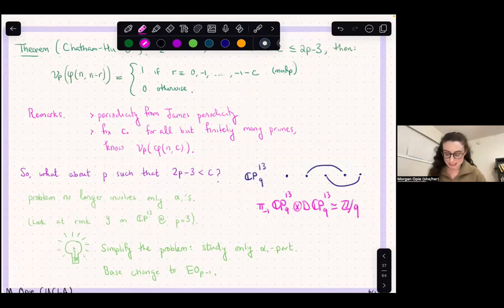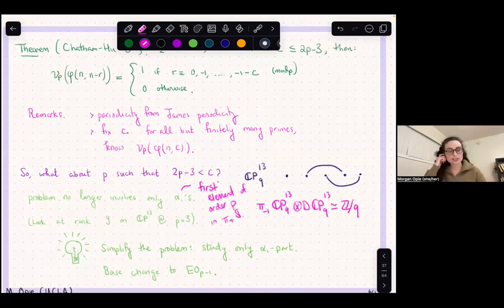And this kind of indicates the complexity that's going to start to arise as the co-rank gets large relative to the prime. The essential point here is just that the problem doesn't only involve alpha 1s, where I should say, although I think a lot of the audience are homotopy theorists, this is the first element of order p in the stable homotopy groups of spheres.